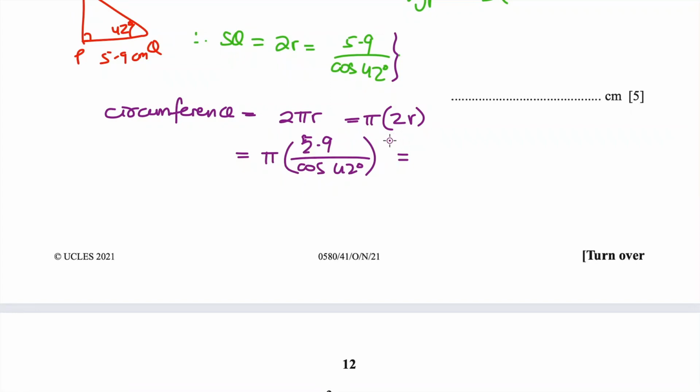And once I do that, this value comes out to be 24.9418363 and so on. And so if I cut the answer to two decimal places, since one is less than 5, nothing will change. So the answer is 24.94 centimeters. And this finishes the question.